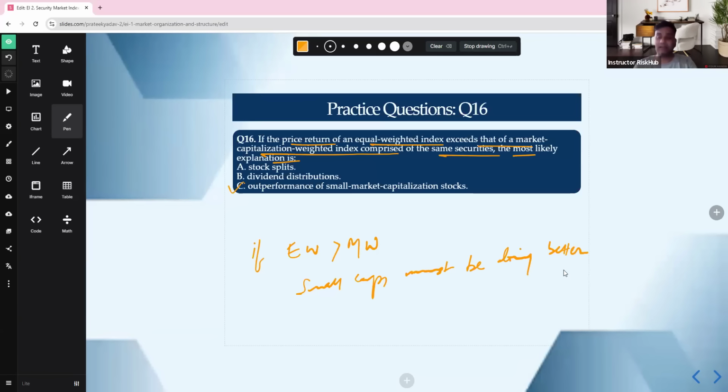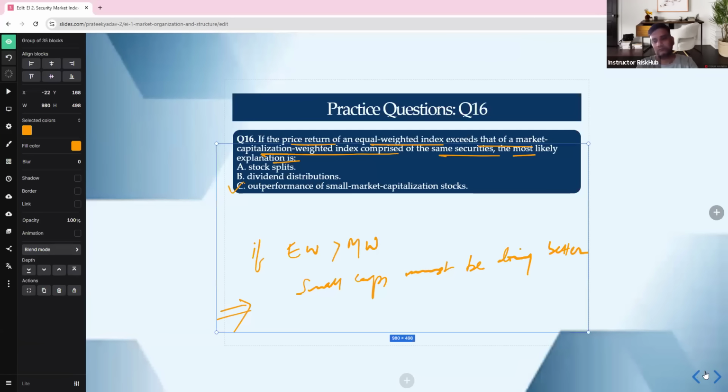Because market cap greater than equal weight means momentum. Large caps are doing better. Equal weight doing better than market cap is the opposite, right? So equal weight has a hidden SMB factor, your Fama-French model's small minus big factor exposure, which will come ahead, right? So remember this point. Again, a very interesting question. You have to remember this.